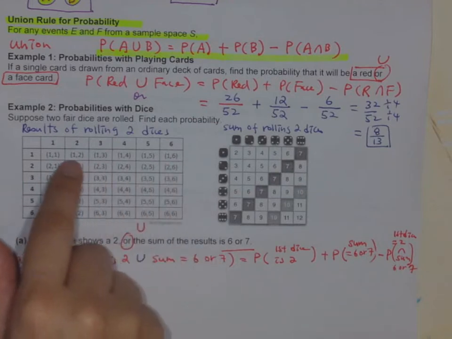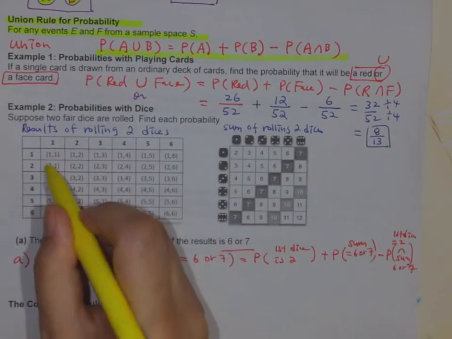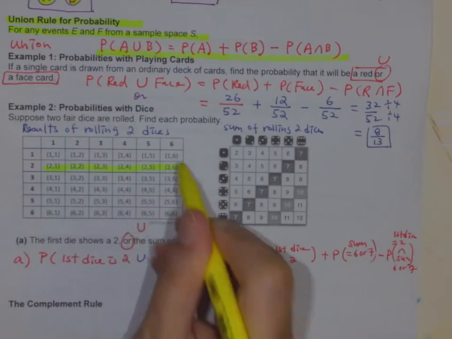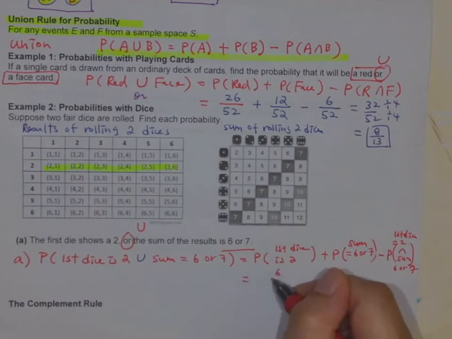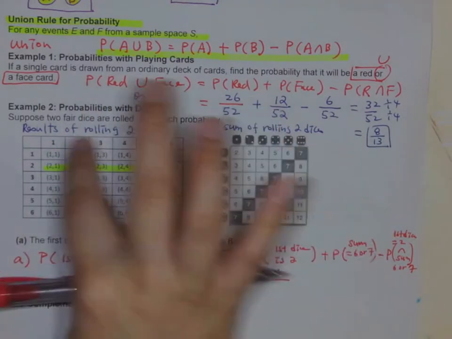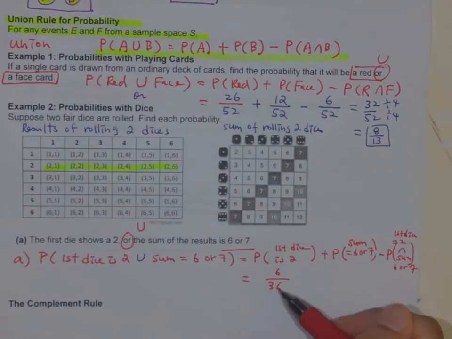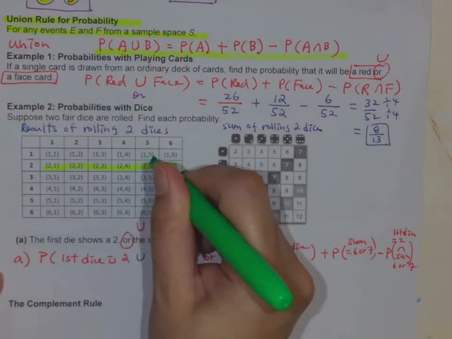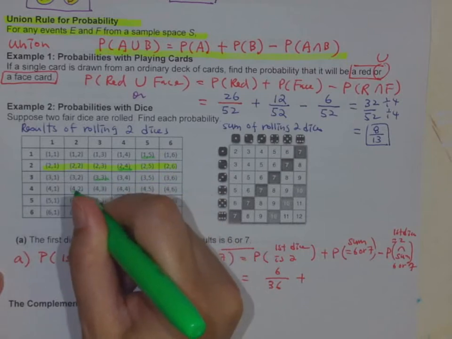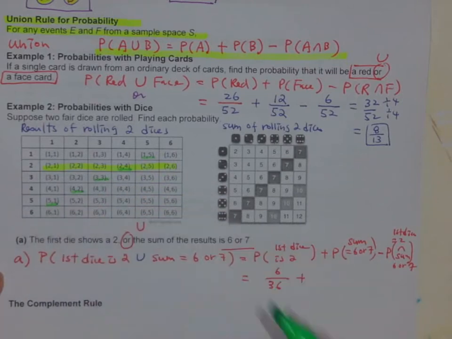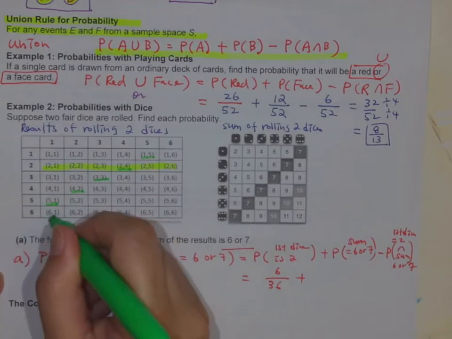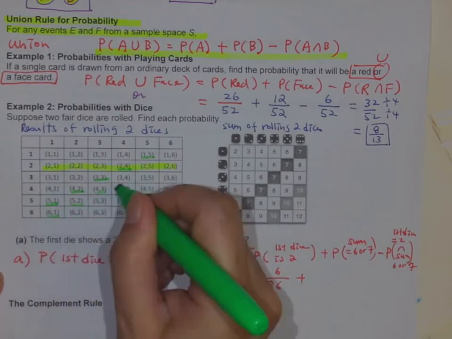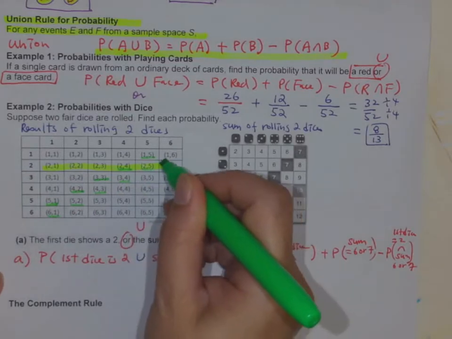2, first dice 2 is over here, right? So 1, 2, 3, 4, 5, 6. So you have 6 out of how many do we have? 6 times 6, so totally we have 36 results here. Adding 6 or 7, so 6 or 7 is going to be, I think this is 6, 6, 6, 6, 6, and then 7 would be, these add up to 7, 7, 7, 7, 7, 7.